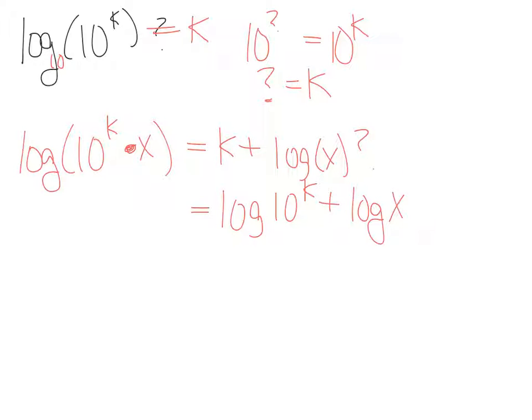And this works great when we have a 10 here because we know that our answer is k. But what if we don't have a 10 here? Because when our bases are equal, when these two numbers are equal, that is what our value is. But if these two numbers aren't equal, then we're going to have to do a little bit more work, and that's what we're getting to today.